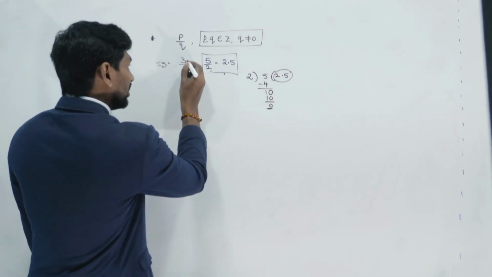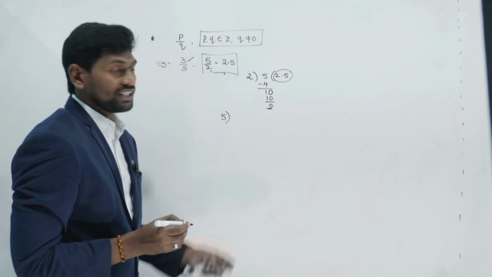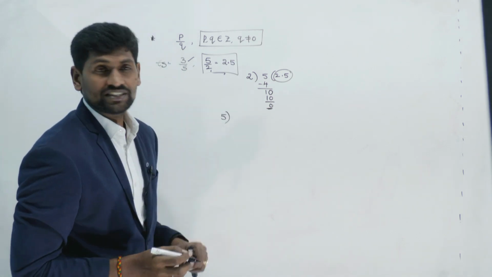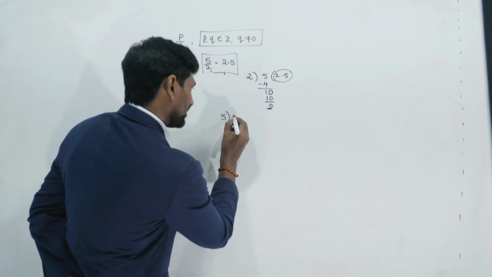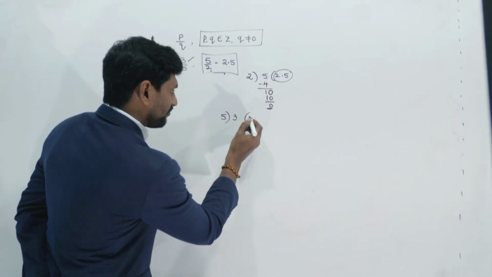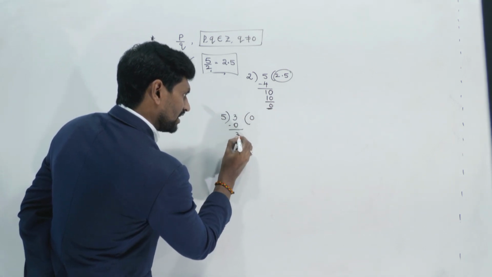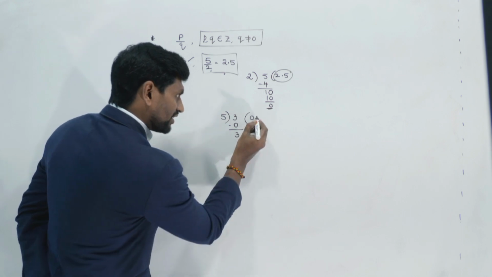Same way, we are taking 3 by 5. The denominator is always the divisor and the numerator 3 becomes the dividend. 5 table 3 is less than 5, 5 zeros are 0, remainder 3. It is not sufficient here.